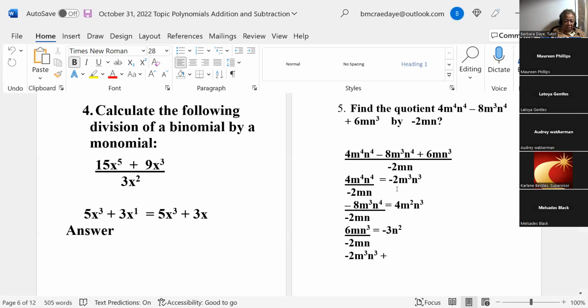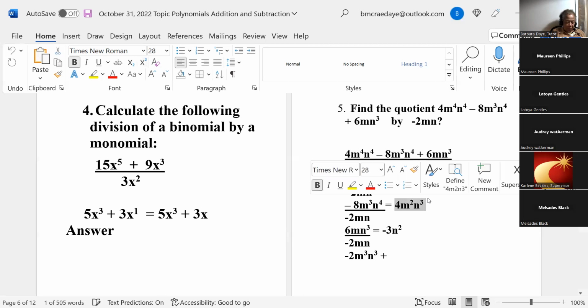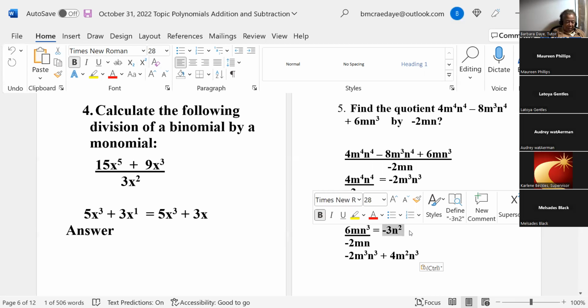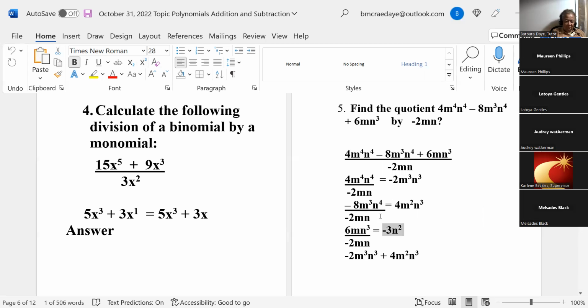That's the 4m to the 2nd, n to the 3rd. Just take that, put it here. And then the last one is the minus 3n to the second. That's all you do, just putting together those results. That's your answer.